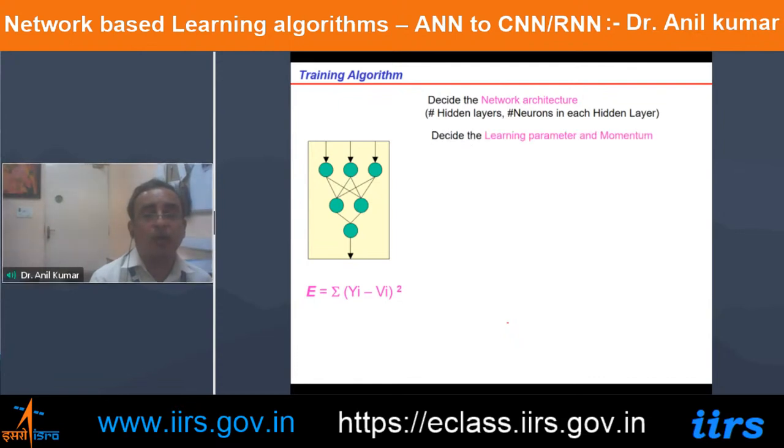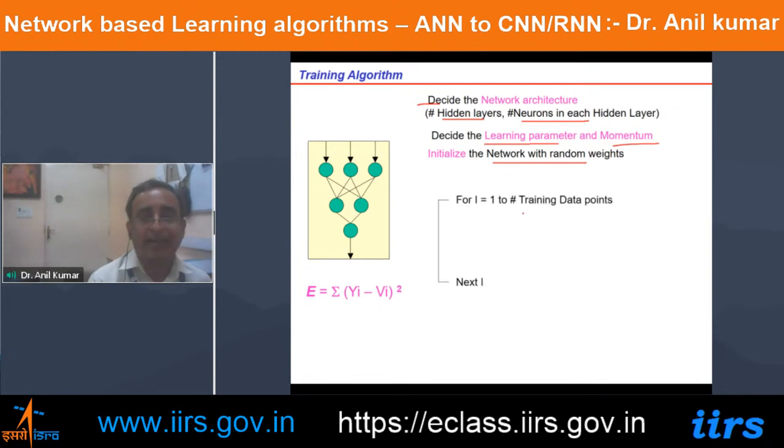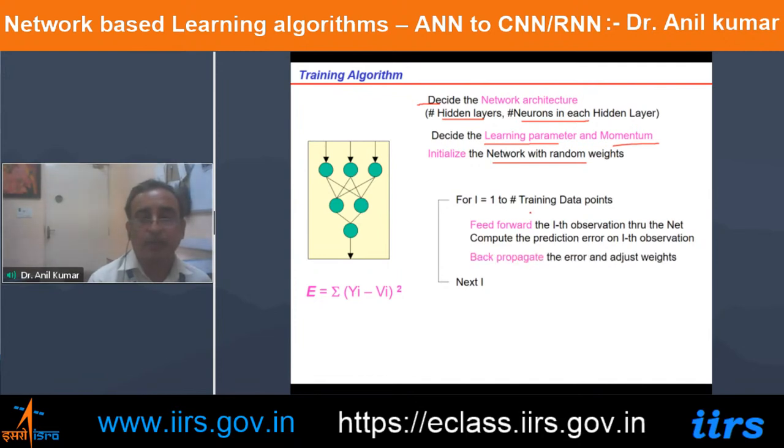So overall, decide the network architecture through hidden layers and neurons in each hidden layer, decide the learning parameter and momentum, initialize the network with random weights, and then iterate from i equal to 1 to n. Feed forward, fire the training data once, get the output, and from the output get the error.